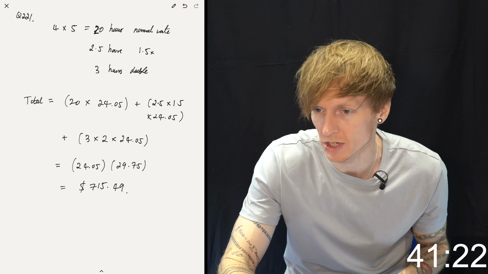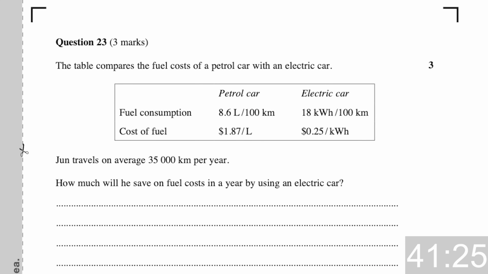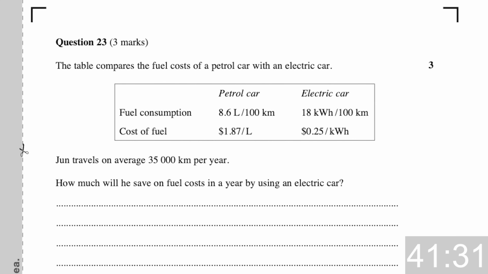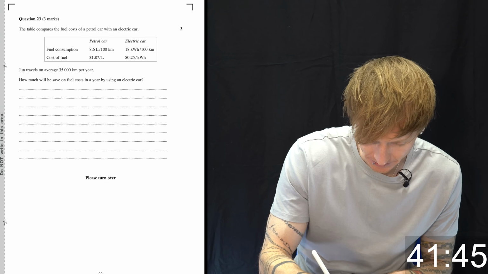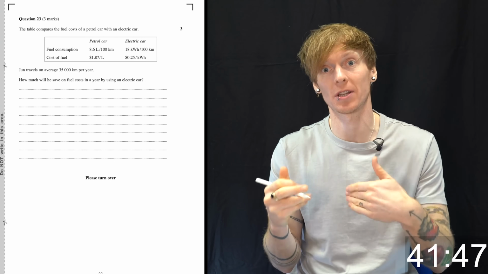Right. Question 23. The table compares the fuel cost of a petrol car with an electric car. Nice. June travels on average 35,000 kilometers per year. How much will he save on fuel costs by using electric? Okay. Interesting. Let's work it out. For petrol, what would the cost be? And then electric, what's the cost? See the difference, see how much he saves.